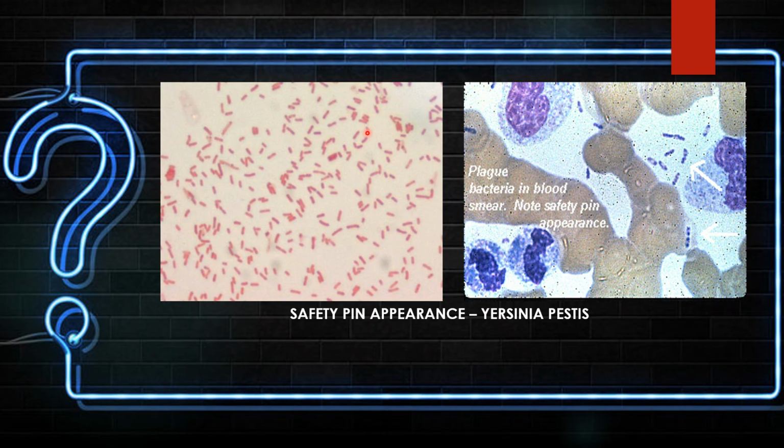Safety pin appearance is better appreciated in a peripheral smear. So you need to remember that once you link all the 4 images, you'll get the answer to this particular image easily.